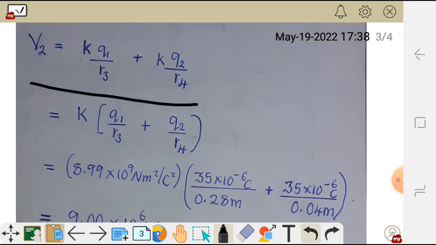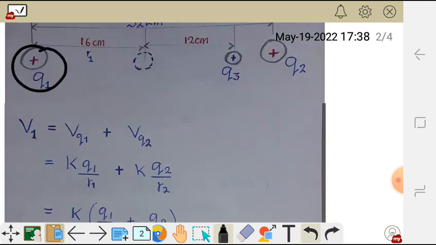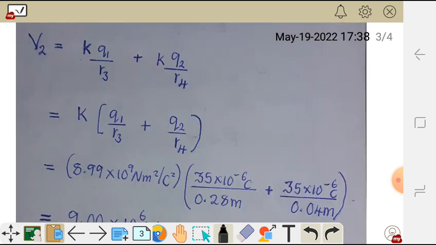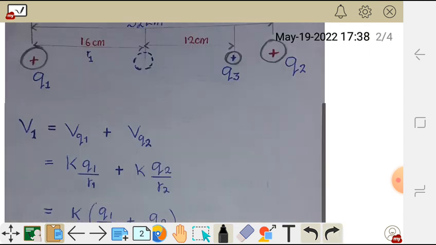We use the same formula and factorize K: the charge Q1 over R3, the distance from Q1 to Q3, and then the charge Q2 over R4, the distance from Q2 to Q3, which is 4.